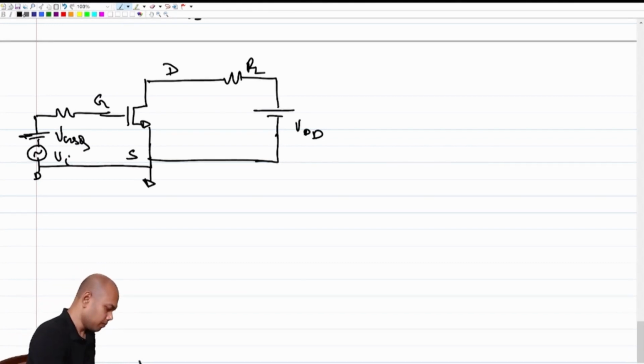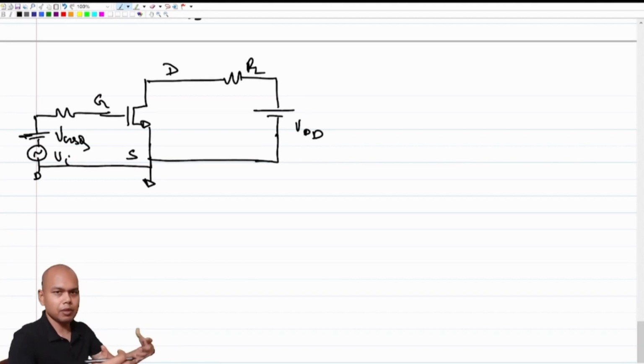Right? So what should we see? We should find out what is the maximum swing.